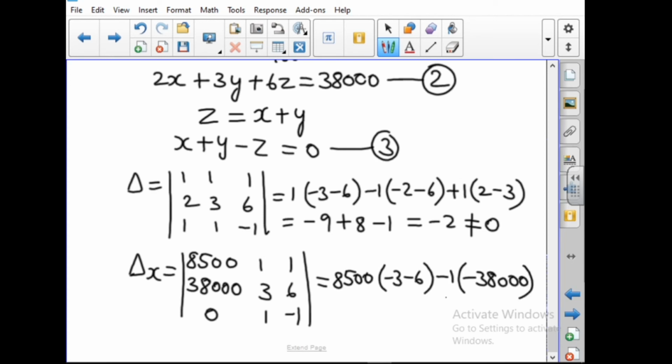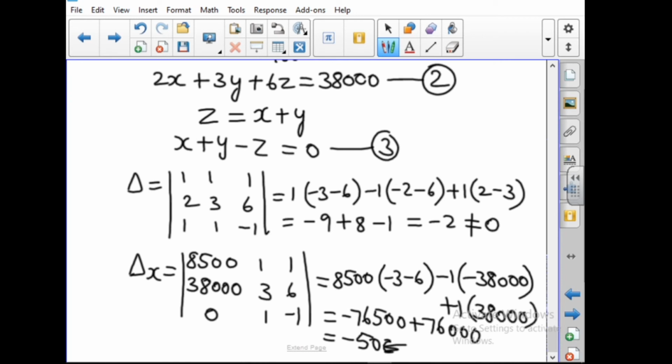Next, plus 1 into 38,000. Another term will become 0. So when you multiply this, we will get minus 76,500 plus 38 plus 38, that is 76,000. So when you subtract this, you will get minus 500.